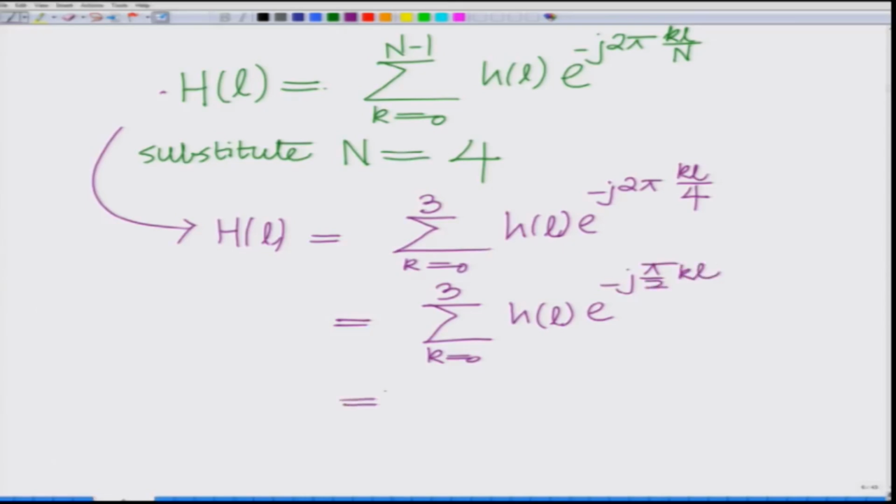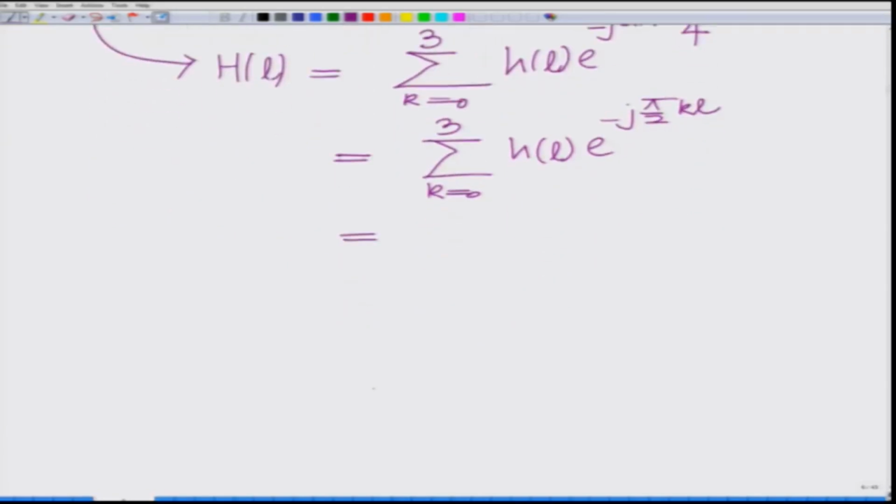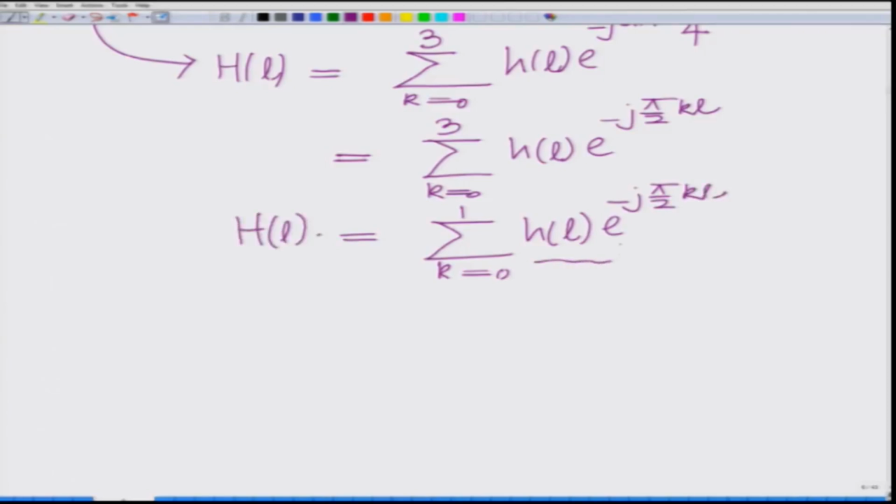In fact, you can write this explicitly, because although we are taking the summation from k equal to 0 to 3, it is a 0 padded FFT, there are only 2 channel taps. So, I can write k equal to 0 to 1. That is something you can remember, because this is a 0 padded FFT.